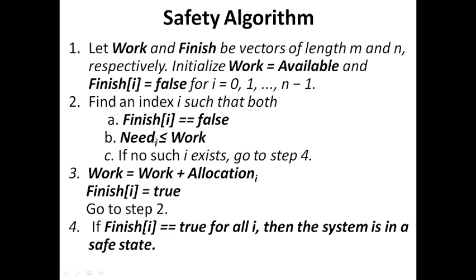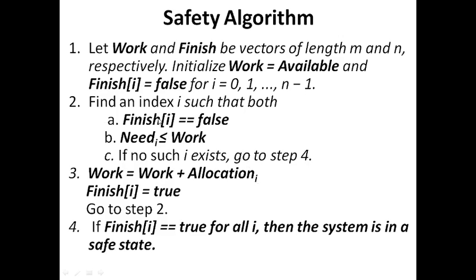So if you can find a process whose demand can be satisfied with what is currently available with the operating system, then mark it and collect the resources of that process into work, that is available. So allocation of i is added into the available. Now we repeat this process.